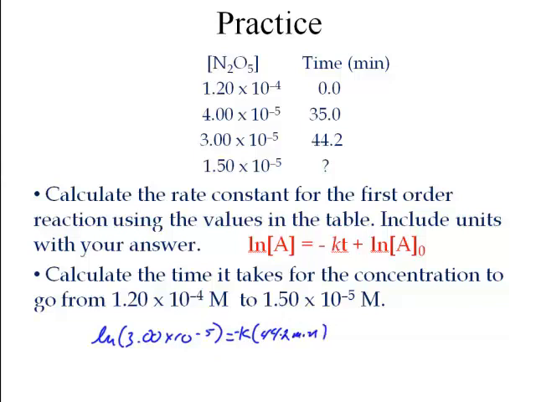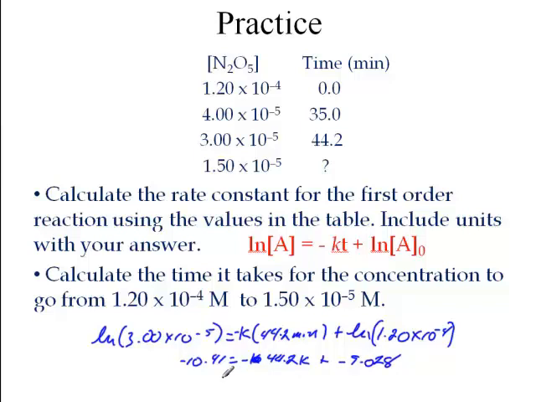Alright, plus the natural log of 1.20 times 10 to the minus fourth. And so the natural log of that gives me negative 10.41 equals negative 44.2 k plus a negative 9.028.